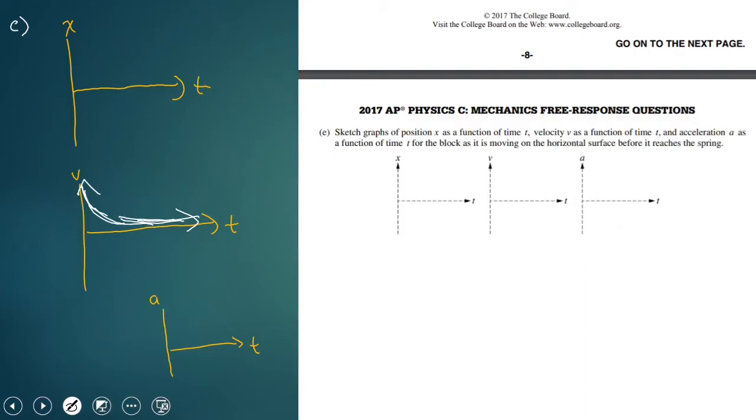Now our position is fairly easy to interpret from over here. We start at position 0, and then we grow gradually, but then our change in position decreases until we would eventually level off. So we get something like this. And then, for this velocity graph, I'll specify that I intersect because it's a little bit harder to see.